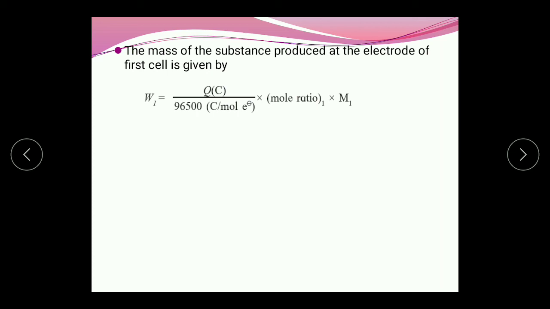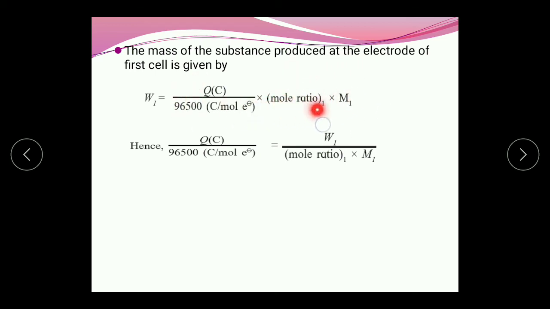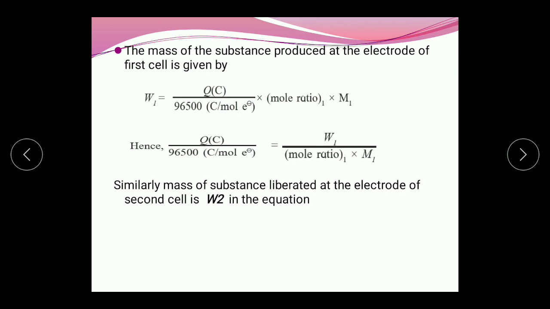In the same way we can write for W2. Rearranging, Q upon 96,500 equals W1 upon mole ratio 1 into M1. Similarly, for the mass of the substance liberated at the electrode of the second cell, W2, in place of W1 and M1 we write 2.